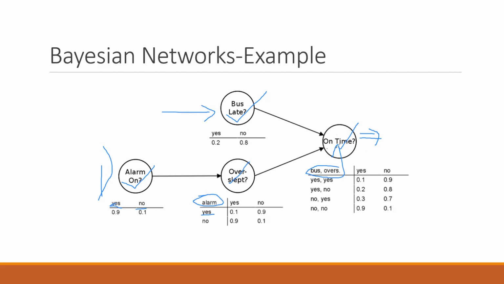On time also has responses, yes or no. These are the conditional probabilities, because on time is dependent on the previous two events. This is how Bayesian networks are explained and used in machine learning. In the further unit, we'll solve the numericals also, but for this unit we just need an introduction to what a Bayesian network is.